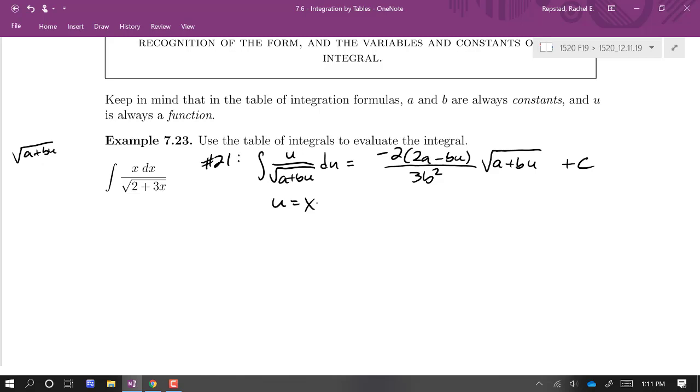But that's not a concern for us when we're doing integration by tables. So if u is equal to x, then du is equal to dx. What's a? What's b? Yeah, so that seems to fit, and I don't even need to add in a constant to make our du work out. So let's see what we get.